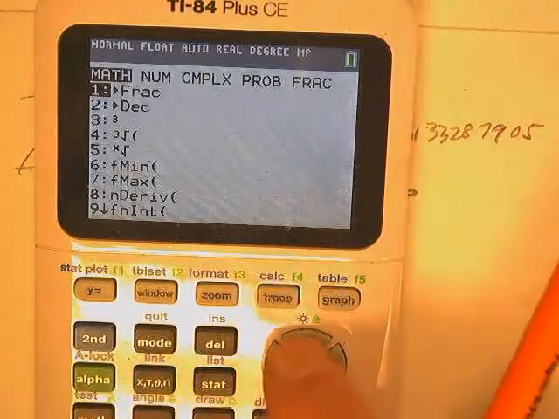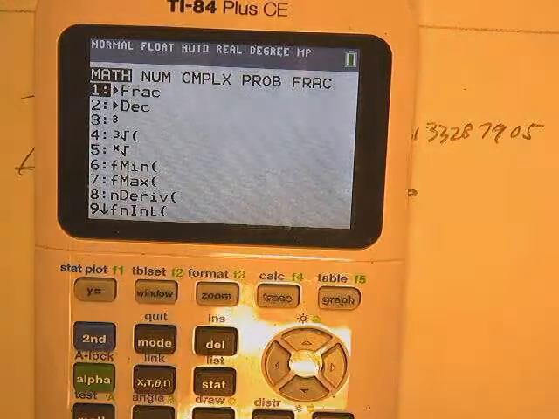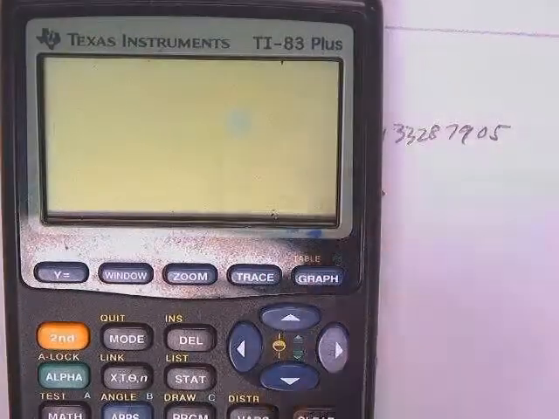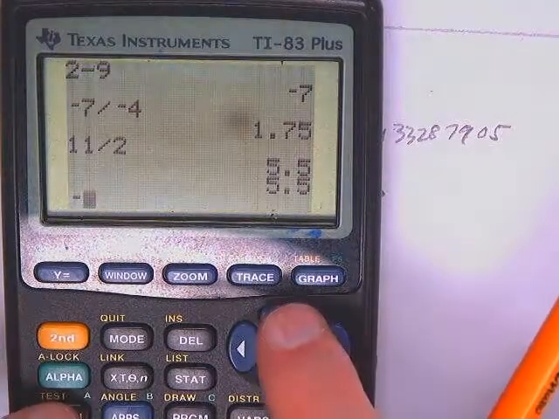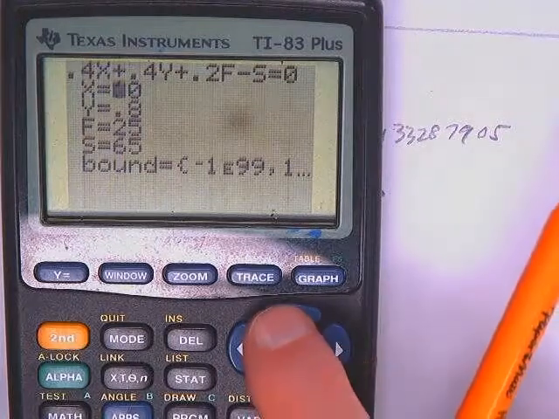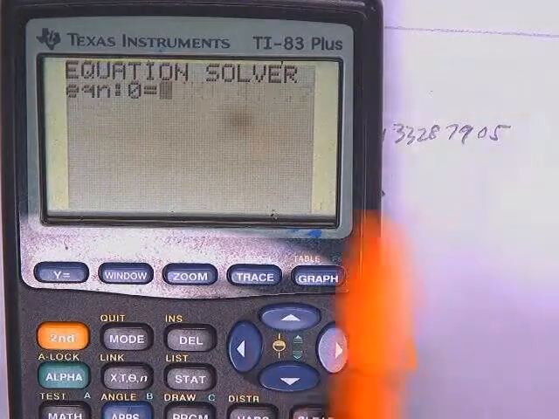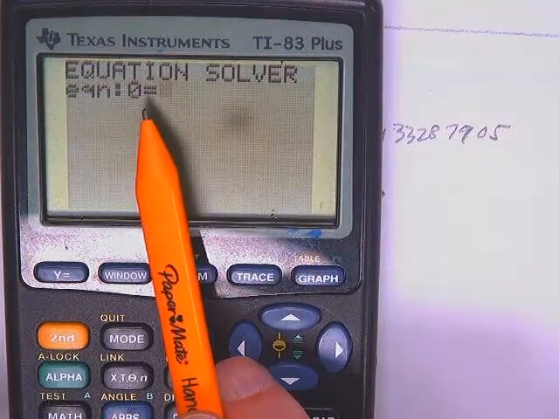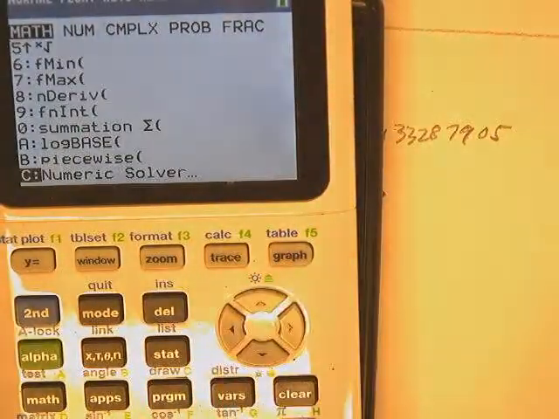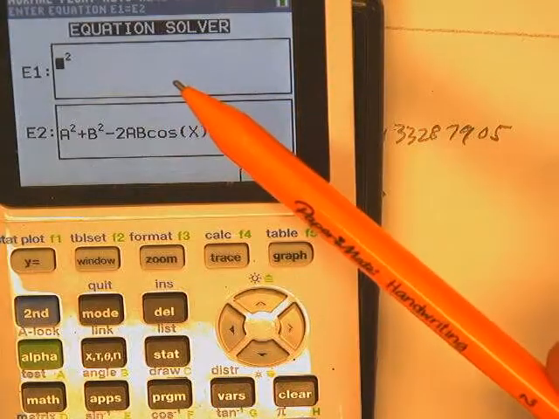Now the other thing that's the case is the old calculator. So let's look at the old calculator, because some students may have this one. And notice on equation solver, there's not two fields. On this one, there's two fields.